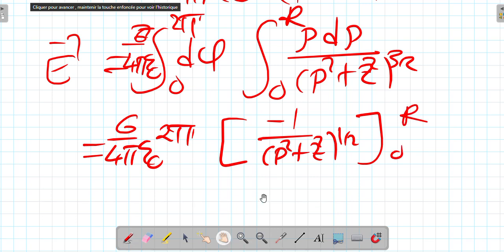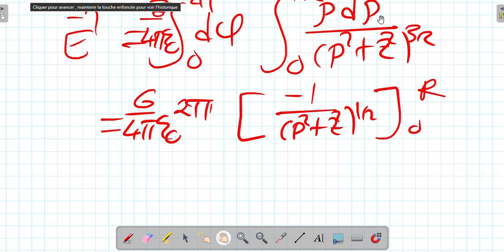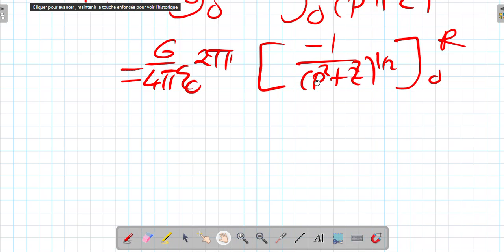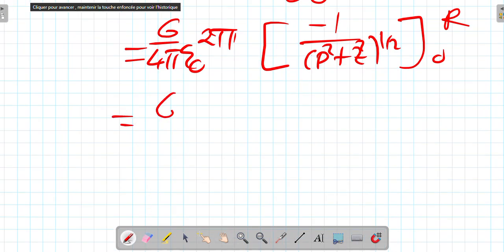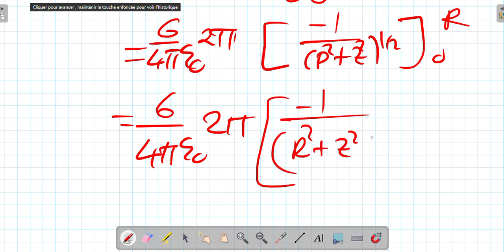Then you can now substitute. Rho is the only variable dependent on r, rho is from 0 to r, so where there is rho we put r, because we're integrating with respect to rho, not z. So we're going to have sigma over 4 pi epsilon 0 times 2 pi, then the first part will be negative 1 over r squared plus z squared to the power 1 over 2.